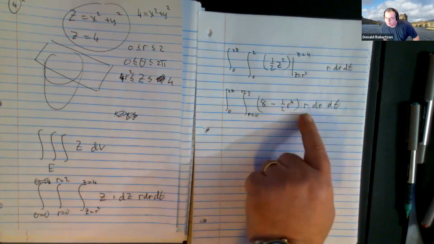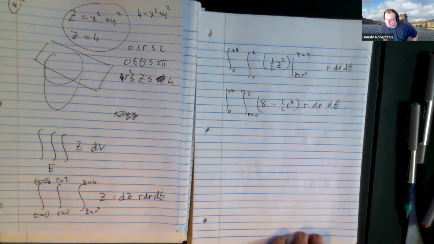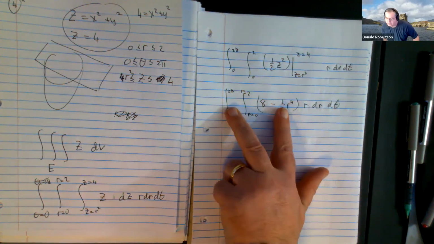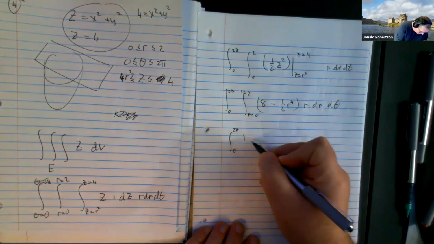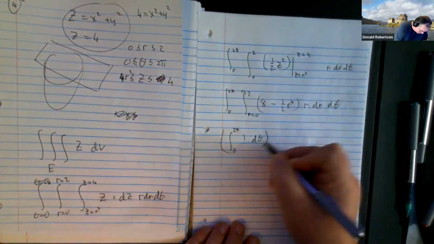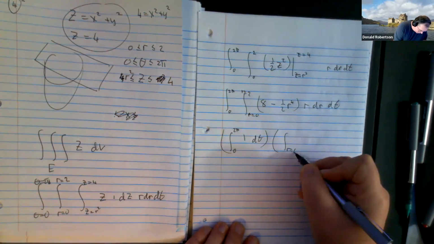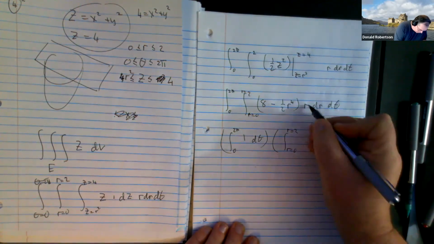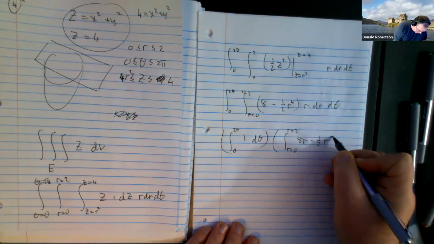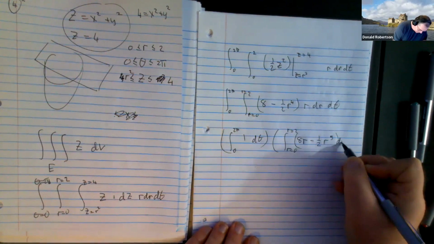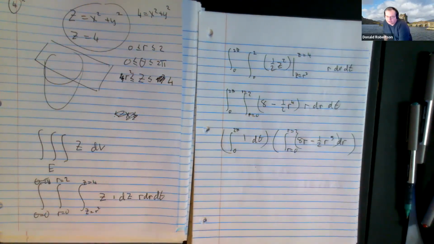Are the variables separable? Yeah. I would get an integral from 0 to 2 pi of 1, and an integral from 0 to 2. Remember to multiply everybody by r. At that point, would you agree it's just calculus 2, and do your thing and call it good?